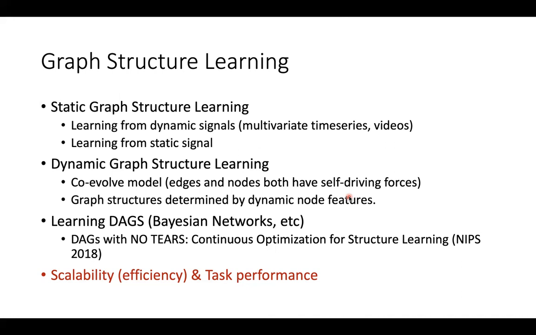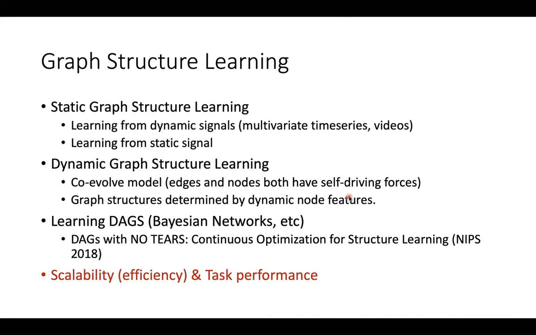One is called the graph, where the edges and nodes are actually co-evolving, meaning that the edges and nodes both have self-driving forces. For example, take the COVID-19 cases, where we view each node as a state.